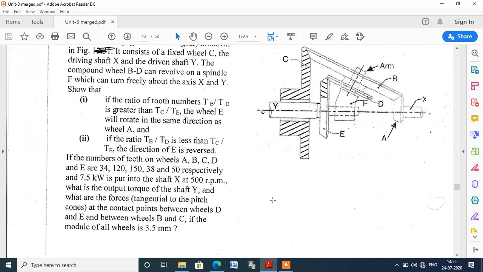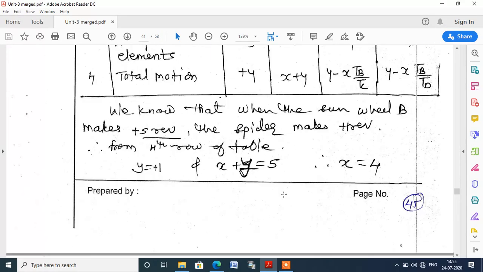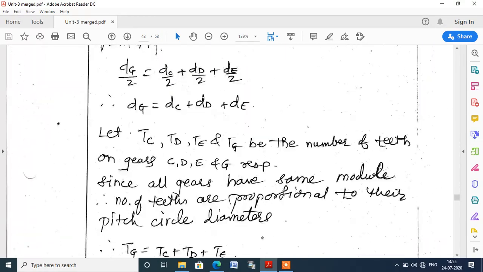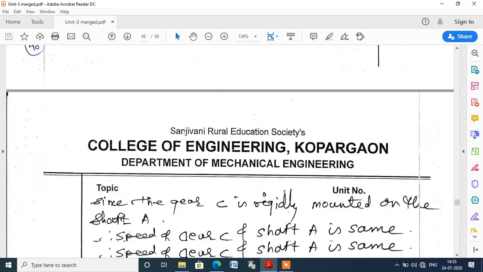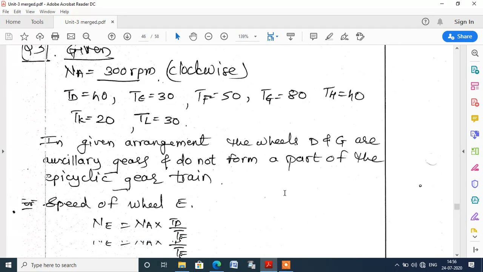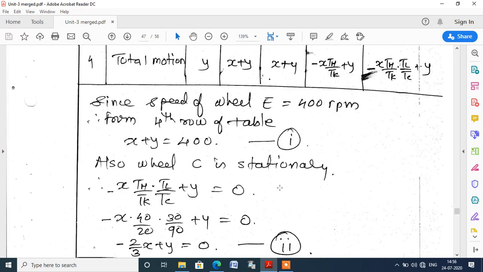See, don't panic. Whatever the question is, read it carefully and write down the given data. Try to solve, and now we will see the solution. In the given problem, the number of teeth are given, so you can write the number of teeth TA, TB, TC and TD.